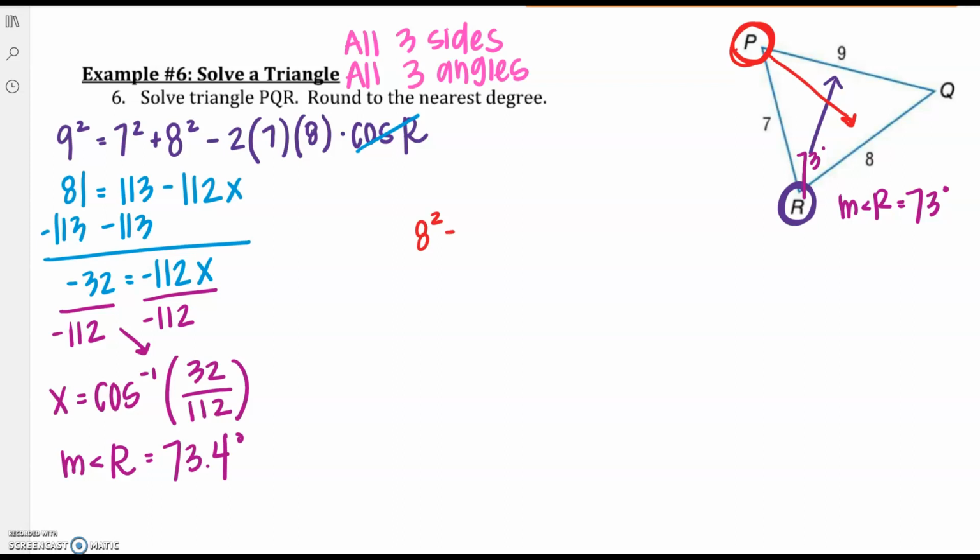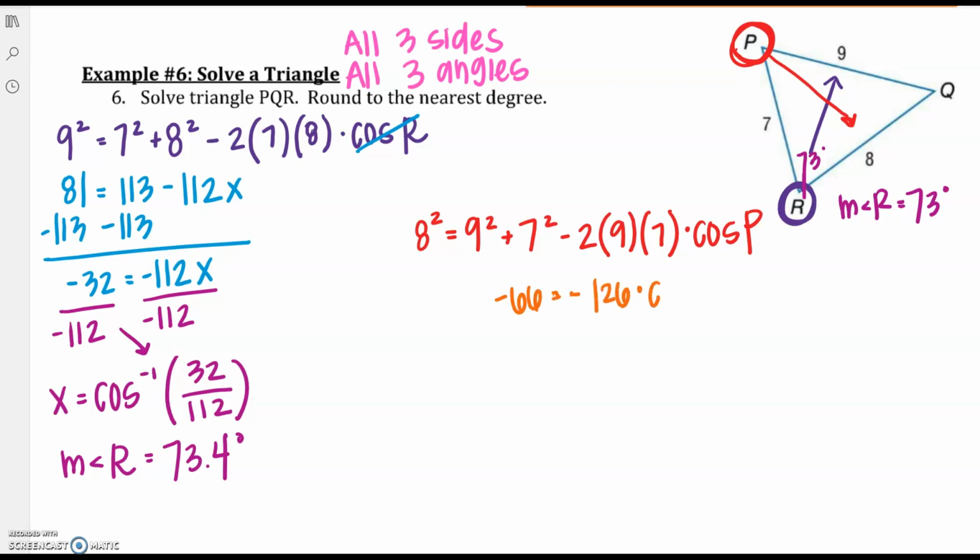So 8 squared, since I'm going to find the angle P, equals my 2 other sides squared, minus 2 times those 2 numbers times the cosine of P. All right, when I get all the way down here, I get negative 66 equals negative 126 times the cosine of P. So in my calculator, I'm going to put 66 over 126. So the measure of angle P equals 58.4.